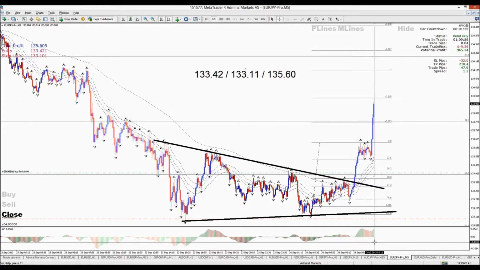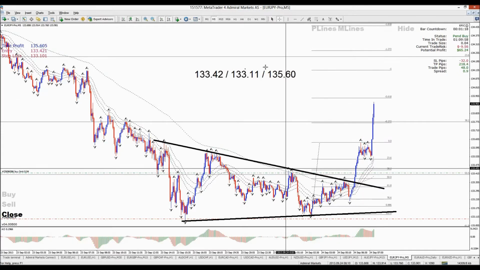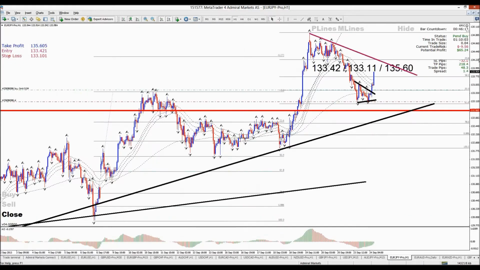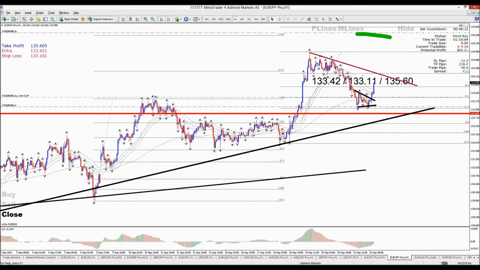Yikes. And that's why I had an ambitious target, 135.60, all the way up here, because to me, this seems like a bounce off the 618 fib, which means if you bounce off the 618 fib, there's a high chance of going to this 272 target.